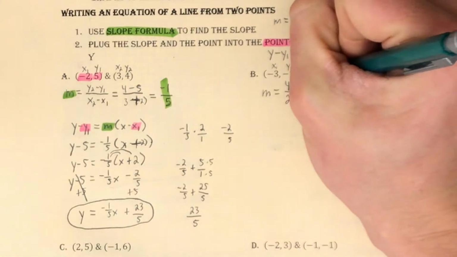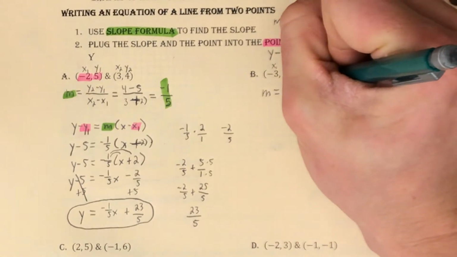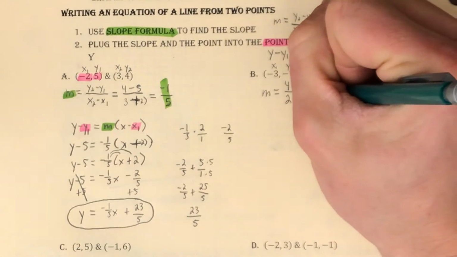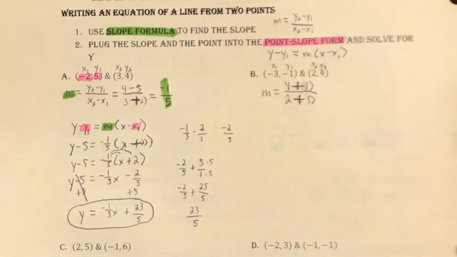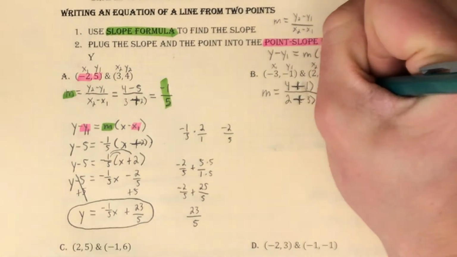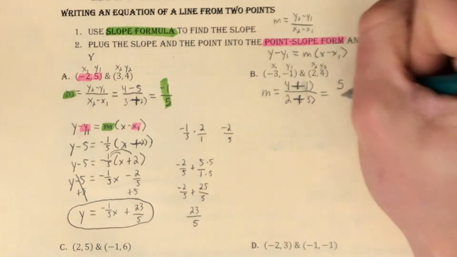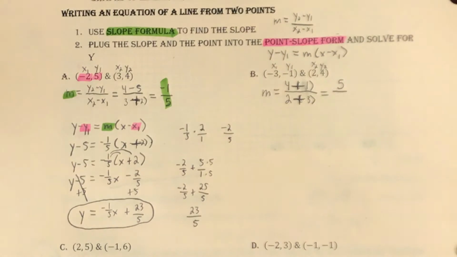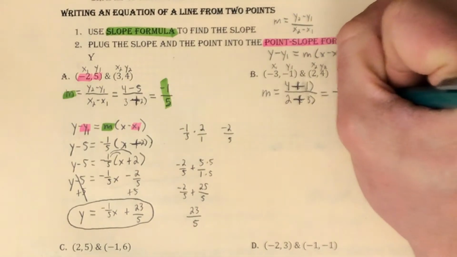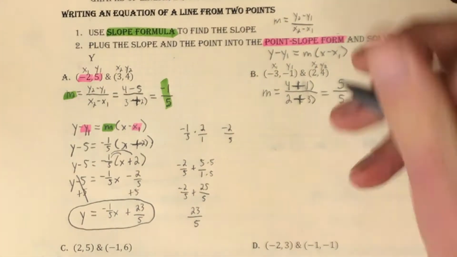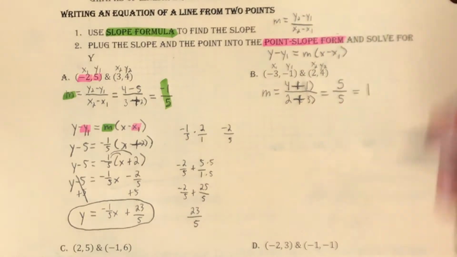So I see I have double negative on top, so this becomes 4 plus 1. I also see I have a double negative on the bottom, so this becomes 2 plus 3. And then I want to solve that. So on the top, 4 plus 1 is 5 over 2 plus 3 is also 5. So I ended up with 5 over 5. So we always want to simplify that down. 5 divided by 5 is 1.